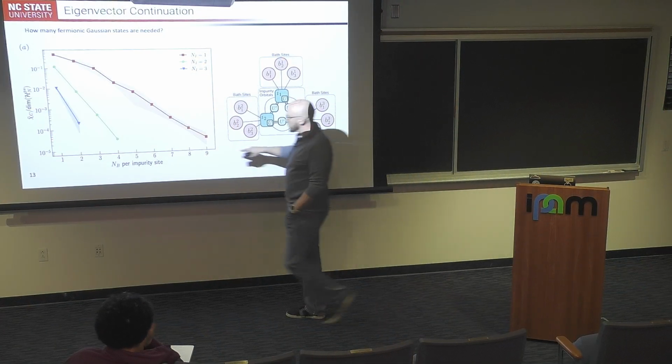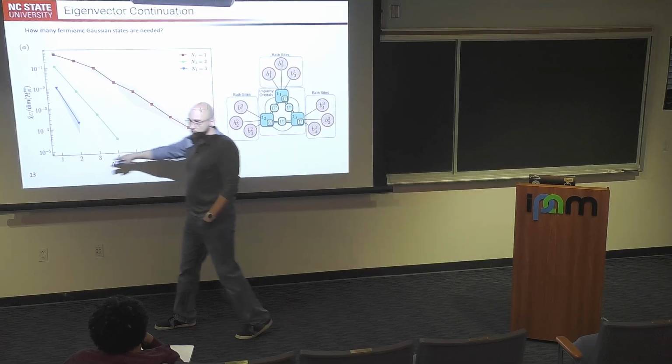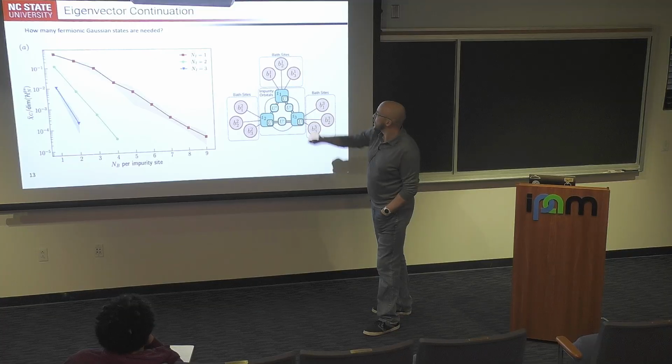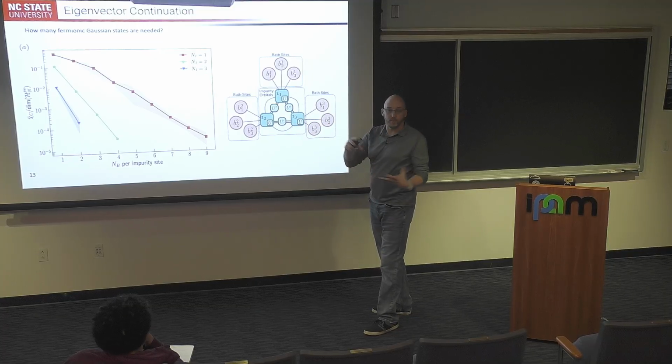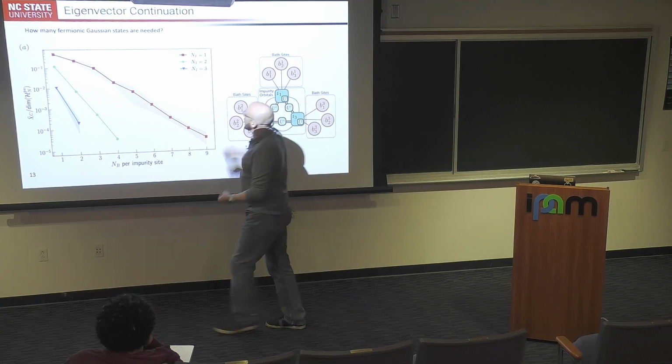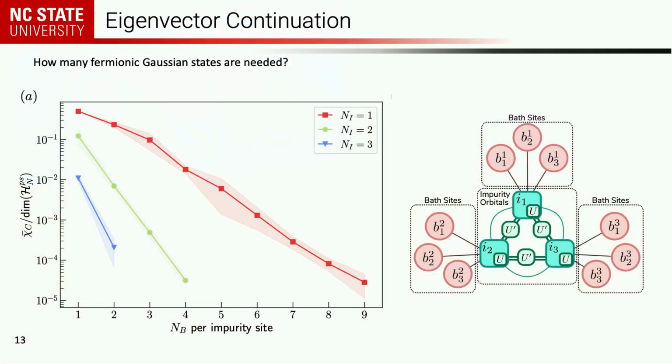The horizontal axis is as I increase my number of bath sites. The different lines are as I increase the size of the impurity. So 100% of the Hilbert space is up here. We need a much smaller fraction of the Hilbert space. The fraction increases as I increase my... Are these labeled backwards? They might be. Anyway.